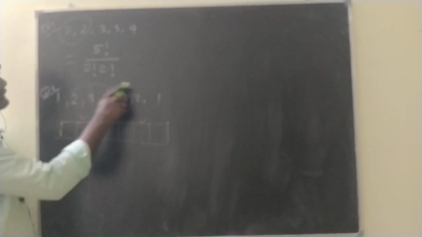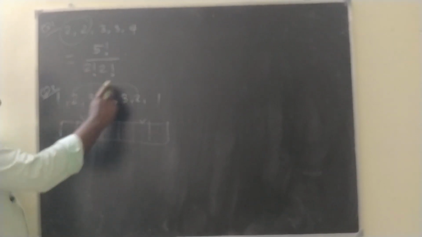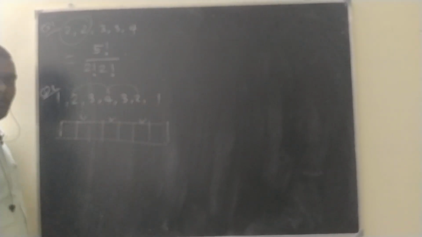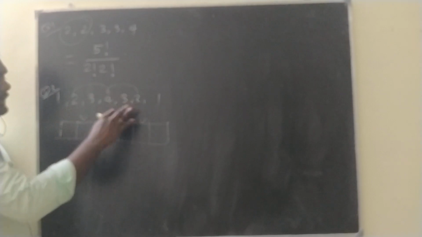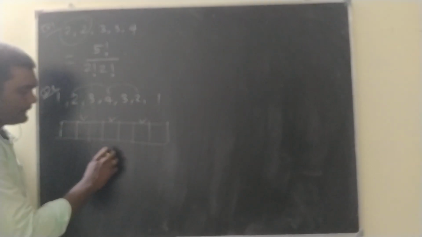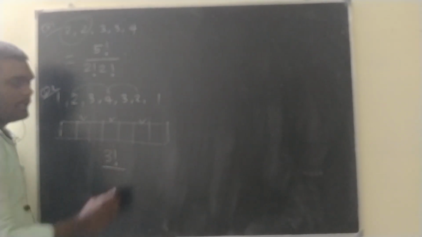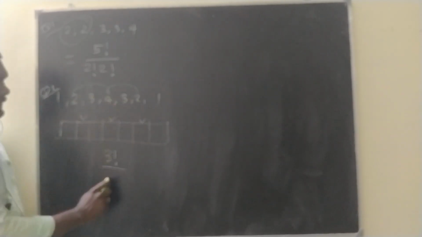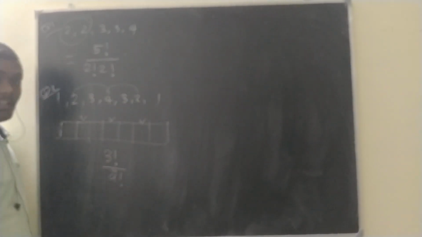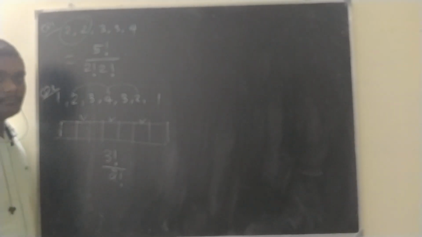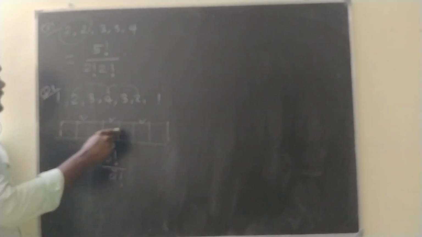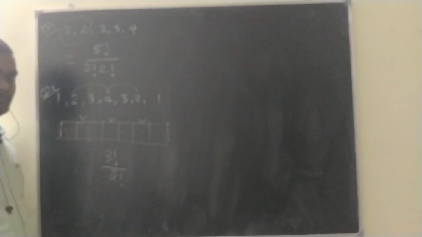How many even numbers are there? 3. So in how many ways can these 3 numbers be allotted to these 3 boxes? 3 things taken 3 at a time: 3 factorial by 2 factorial, because 2 is repeating. Is that arrangement over? No. Still the odd places remain.